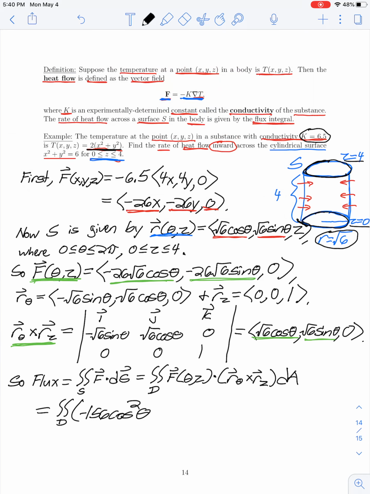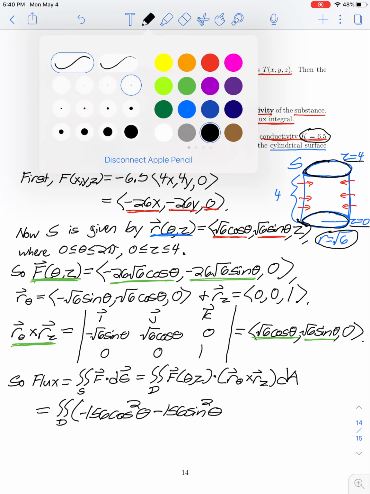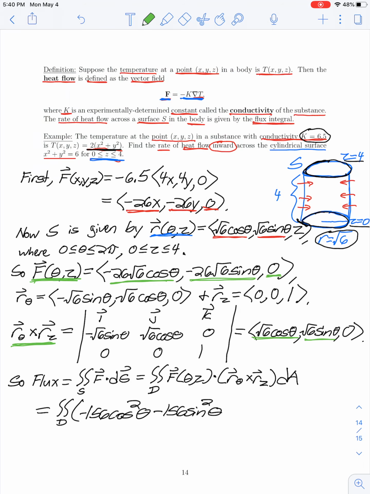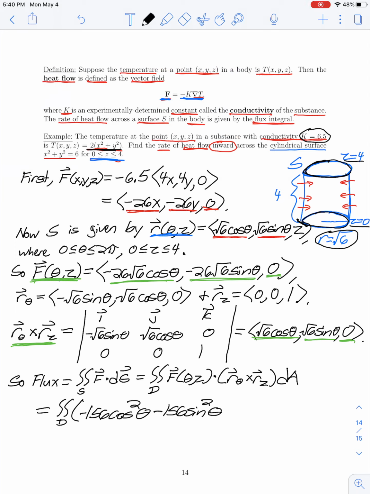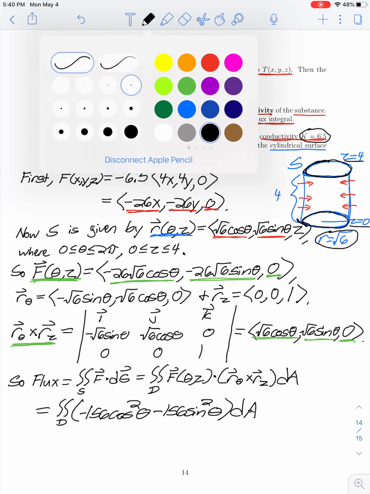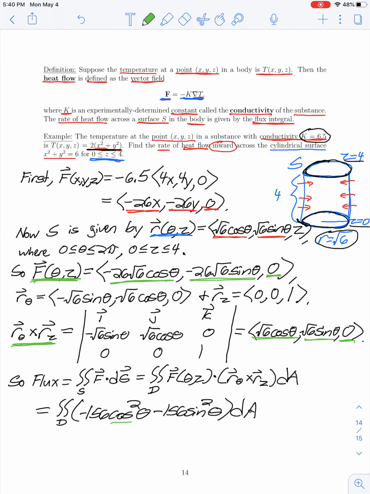So that is negative 156 sine squared theta. And then the product of our last components, 0 and 0, is 0. So we're just left with the following. And here, these two terms, negative 156 cosine squared theta minus 156 sine squared theta, reduce to a constant of negative 156.